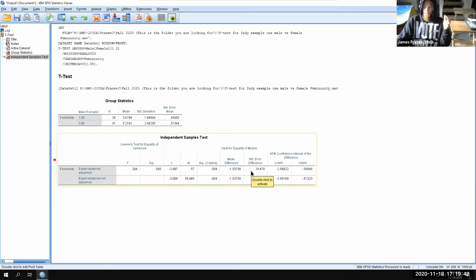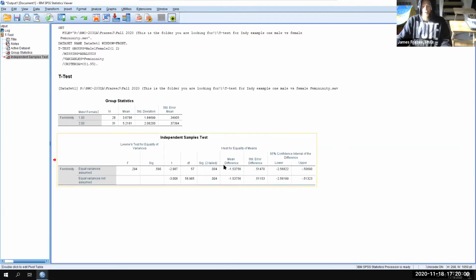Actually, we're not. SPSS did for us. But in this sense, we expect the two groups to be different on average by a standard deviation of 0.5, or half of a point of femininity, if there's no difference.